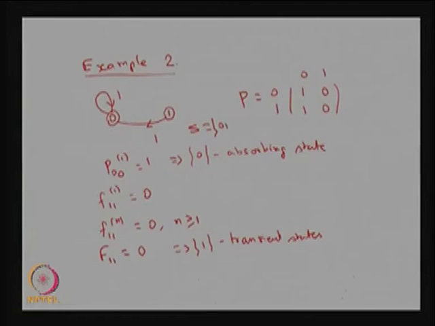Since you have only two states, the state space is 0 and 1, and you end up having one absorbing state and one transient state.